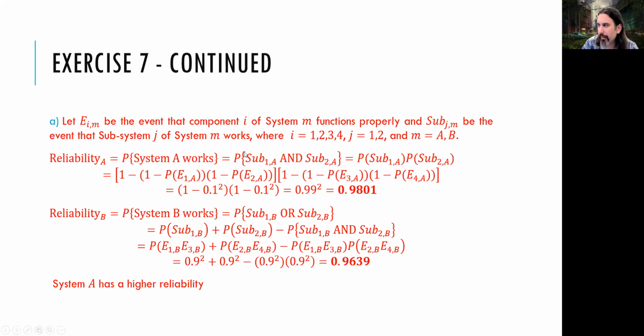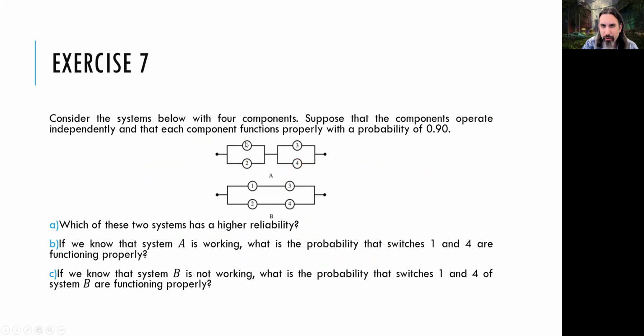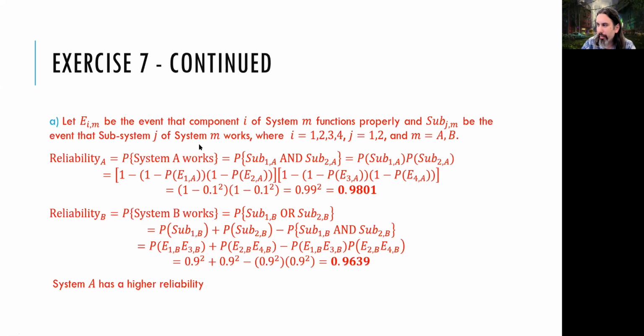For the first one to not work, both 1 and 2 shouldn't work. So 1 minus probability of 1, 1 minus probability of 2, multiplied. This is where the first component doesn't work. This is where the second component doesn't work. We multiply them, so both of them don't work. We subtract that from 1, so at least one of them works, which means the subsystem works.